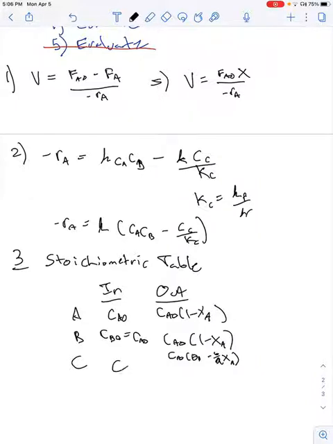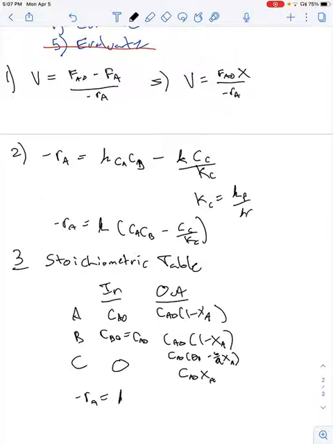Alright, so for C, C0 equals 0, and so for out it would be CA0 times XA. Okay. So now we can plug this into our rate equation. I'm just going to use X instead of XA at this point.